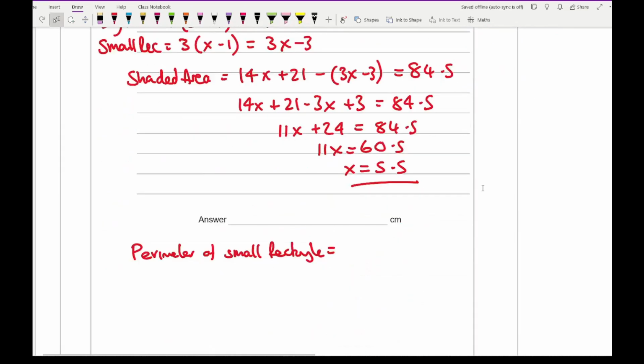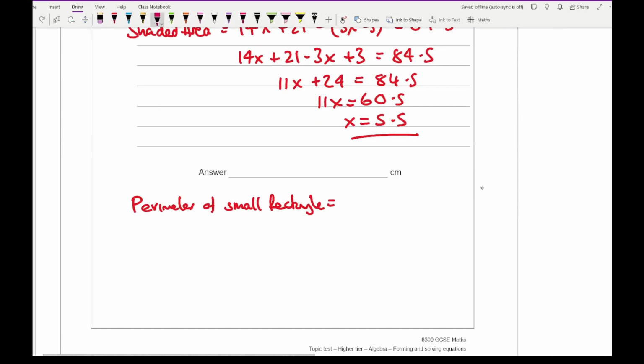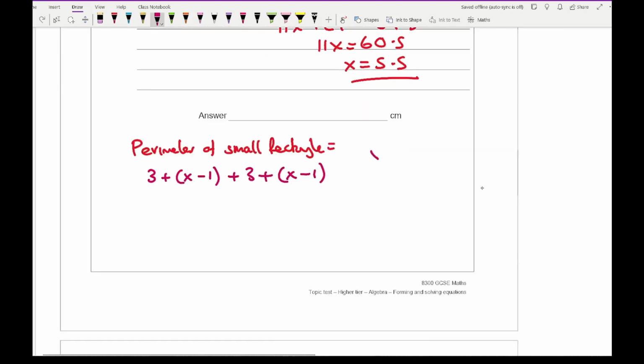So that's going to be 3 plus x minus 1 plus 3 plus x minus 1. Now because I know that x equals 5.5, then I end up with 3, 5.5 take away 1 is 4.5, plus 3 plus 4.5, and that comes up to a total of 15 centimetres. So I could just write 15 there.